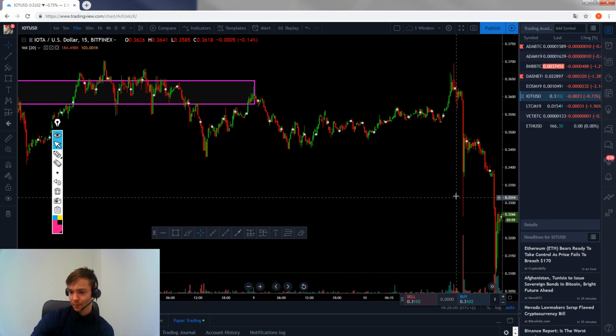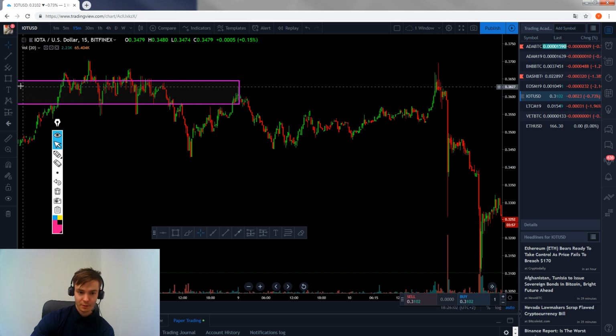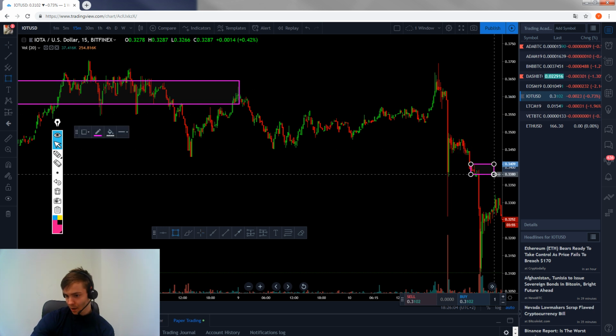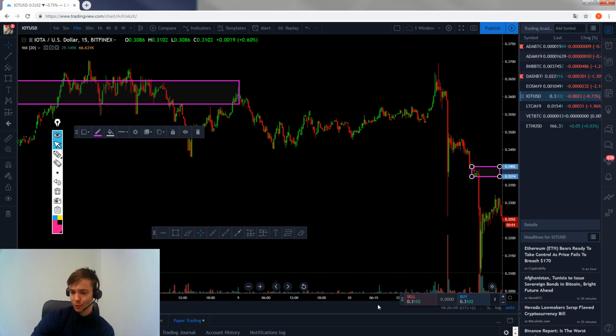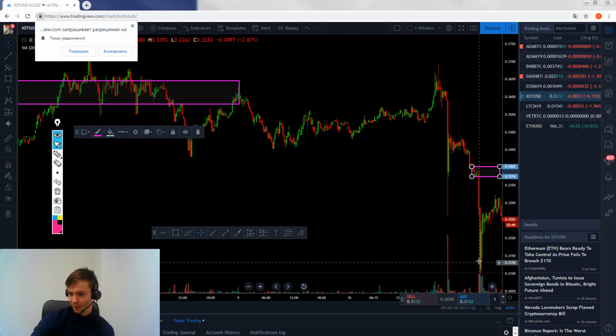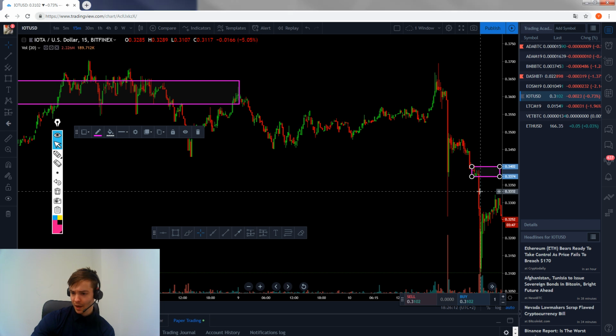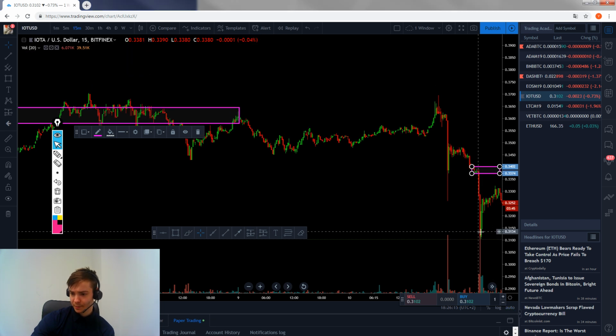Okay, we have now impulsive down, a nice place of structure. I am not sure if I would open the trade here because there is this very strong bounce here, and also I don't know if there is some key support level.